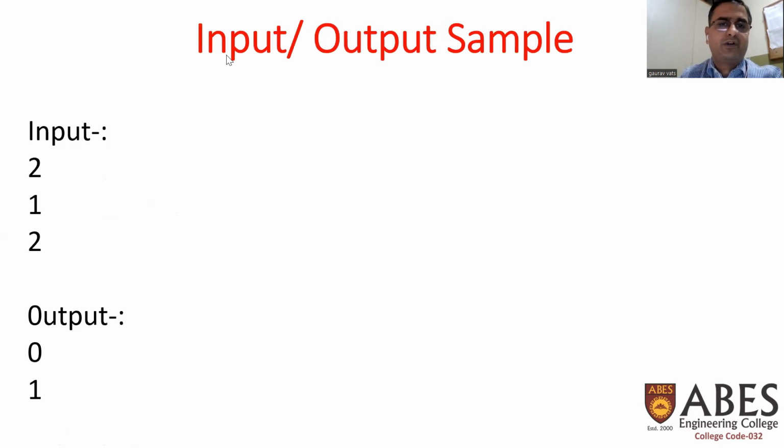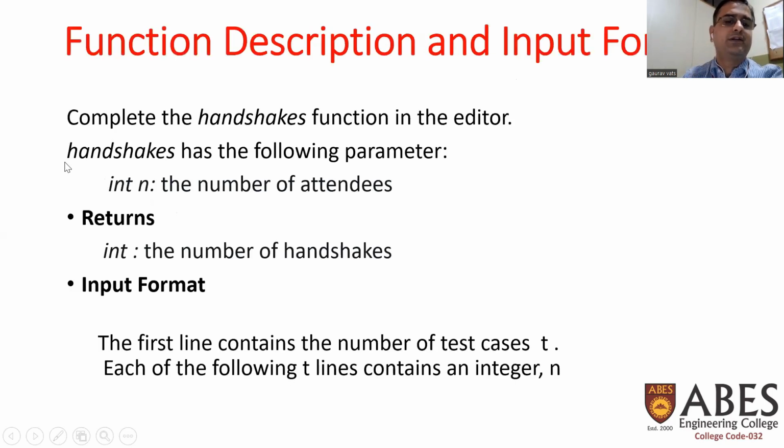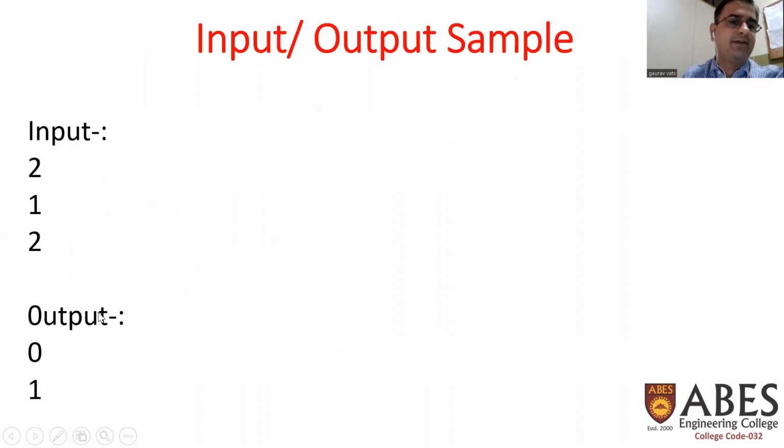Now, what is the sample input and output? As I told you earlier, the first line contains the number of test cases, small t. So in the sample, 2 is the number of test cases, small t.